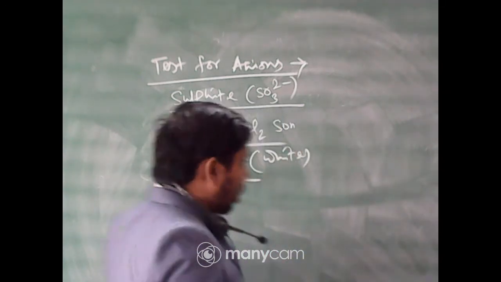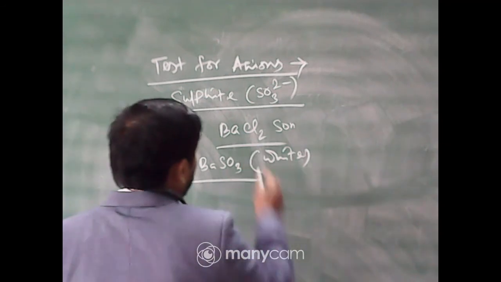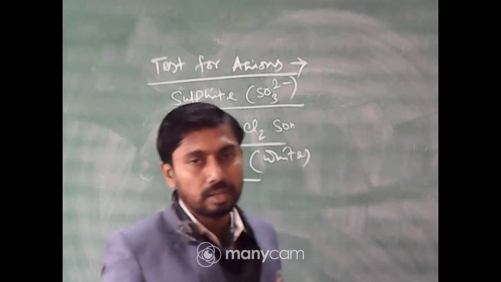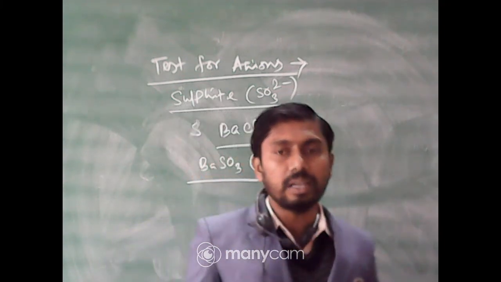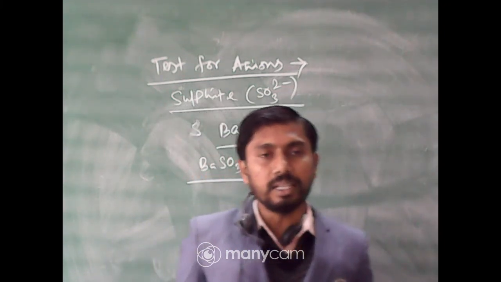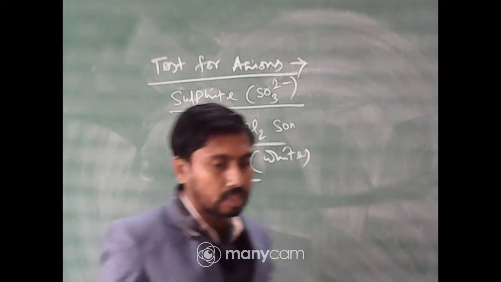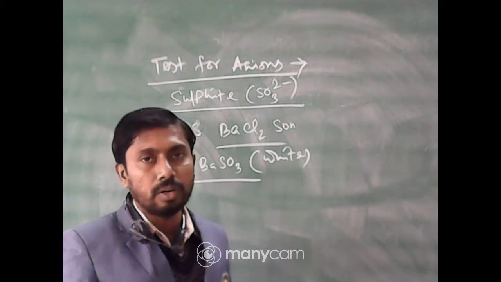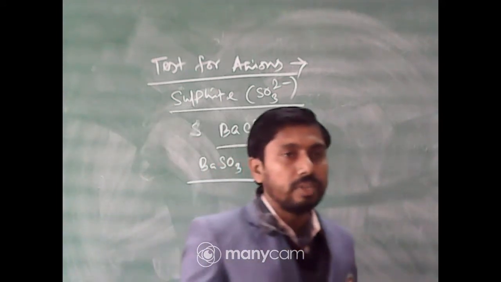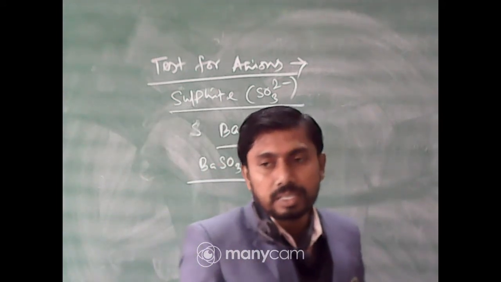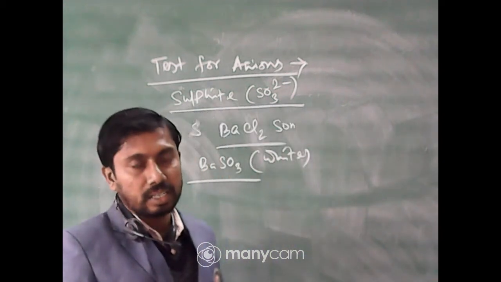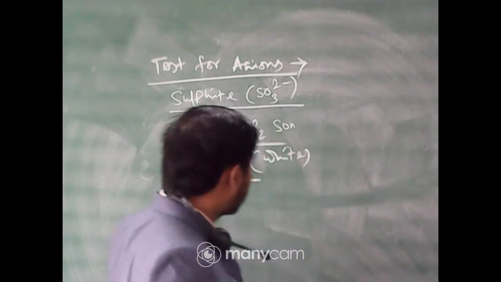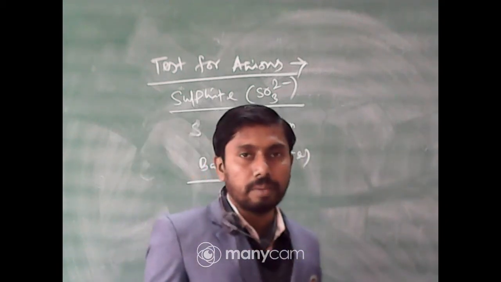Now, is this for sulphite or sulphate? To prove it, we have to proceed further and add a mineral acid, that is HCl or H2SO4 etc. If the PPT is soluble, then it is for sulphite, and if it is not soluble, then it is for sulphate, because the basic reagent, barium chloride, is the same and both give white PPT, one of barium sulphite and another of barium sulphate.